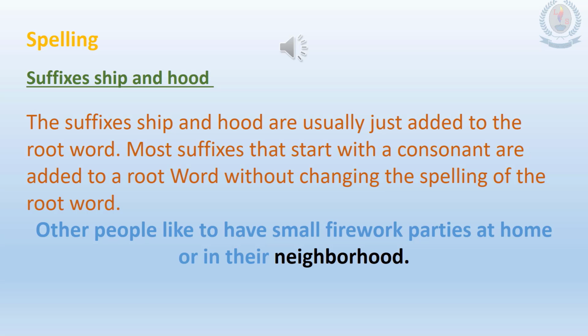Look at this example. Other people like to have small firework parties at home or in their neighborhood. So here the word neighborhood, the neighbor spelling hasn't changed. We have only added hood at the ending of the word because it starts with a consonant letter.